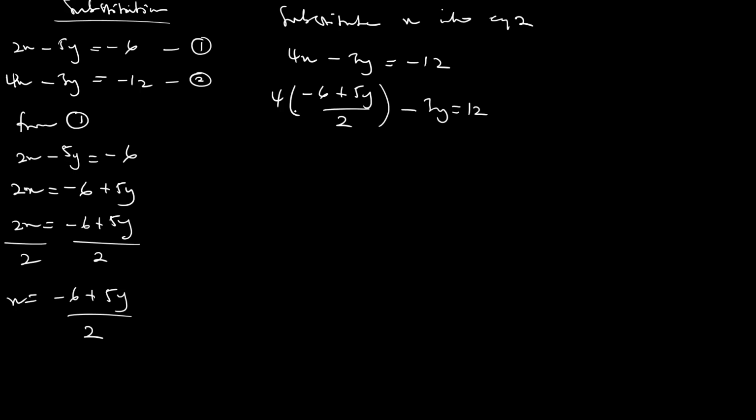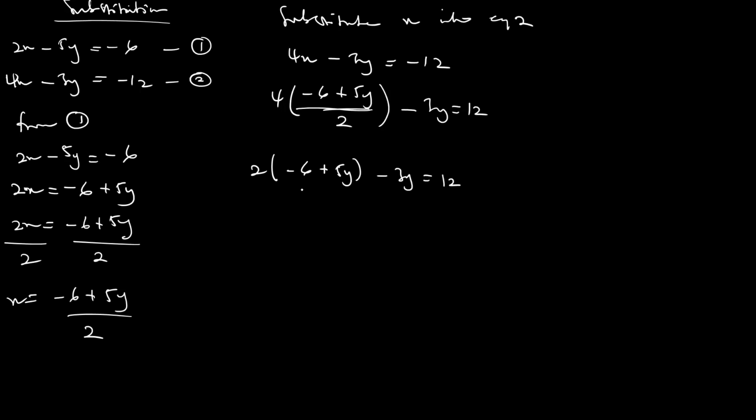Okay, so now because 4 is multiplying the whole expression, which is also being divided by 2, we can have 2 and 4 cancelling out, where we are going to have 2 times minus 6 plus 5y minus 3y equals to minus 12.